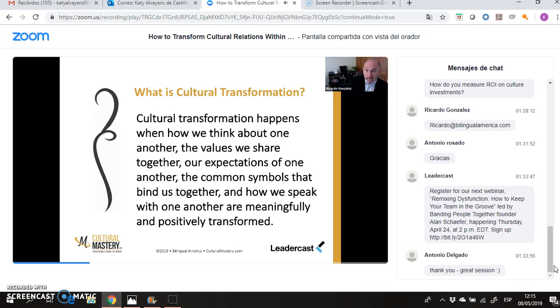Those cultural relationships are transformed, and people begin to think differently about each other. They start sharing common values together that are created together, right? They develop expectations or norms for one another. They share common symbols that will bind them together, and they learn to speak with one another in ways that are culturally endearing, okay?